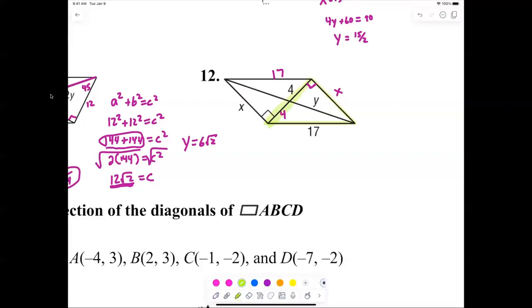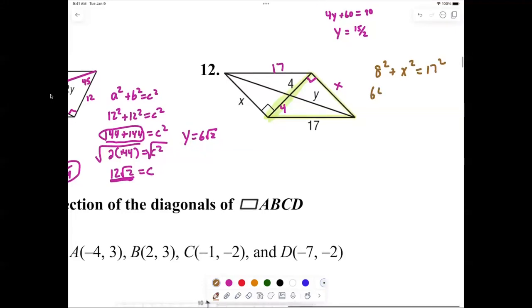So from that, we have 8 squared plus x squared equals 17 squared. 64 plus x squared equals 289. X squared equals 225. So x was what? X is definitely 15.